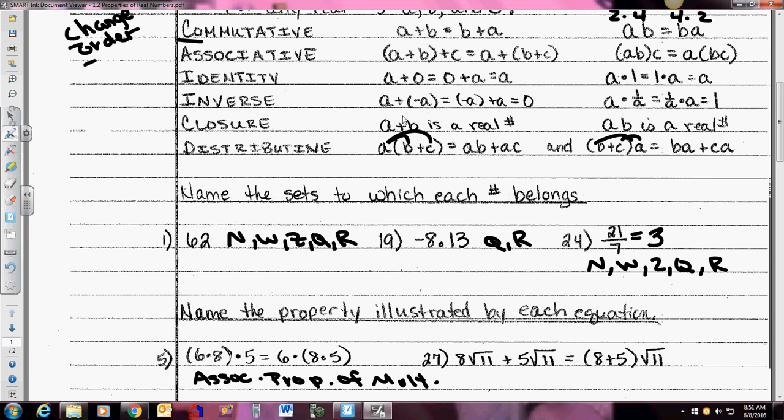It's not identity, it's not inverse. Closure, we don't usually even write down. So it's the distributive property if you think of it probably backwards is how you would think of it. So if you look here, if we distributed the 8 to the square root of 11, we'd get 8 square root of 11. If we distribute the 5 to the square root of 11, we get 5 square root of 11. So this is our distributive property.